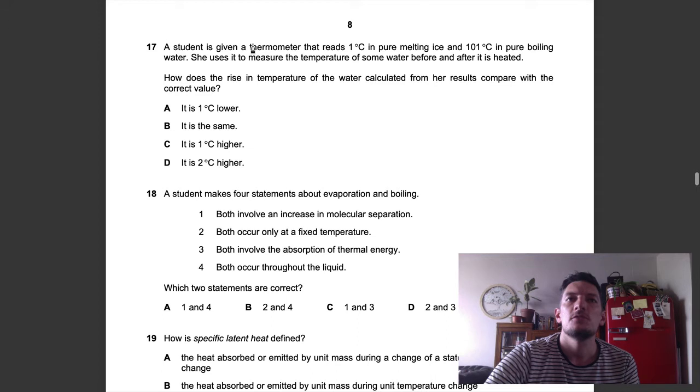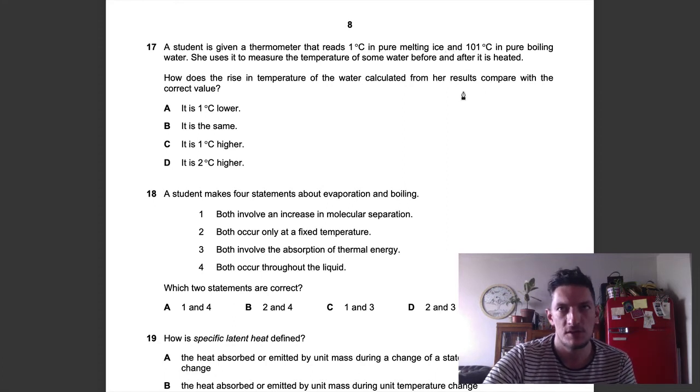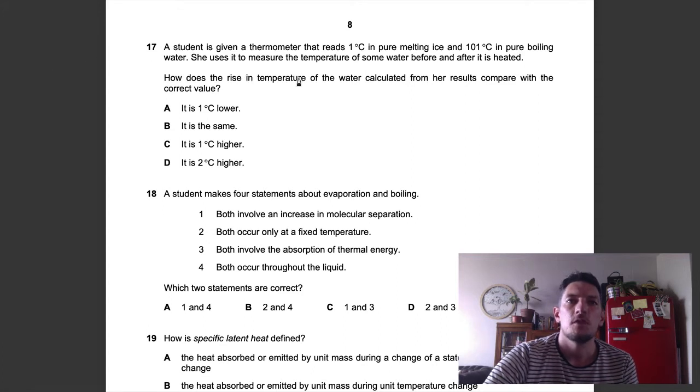Okay, a student is given a thermometer that reads 1 degree Celsius in pure melting ice and 101 degrees Celsius in pure boiling water. She uses it to measure the temperature of the water before and after it's heated.